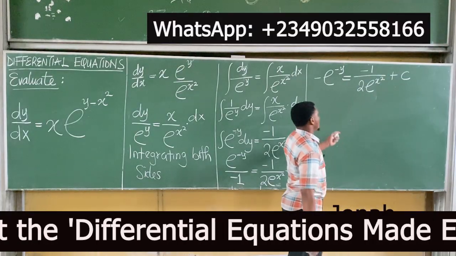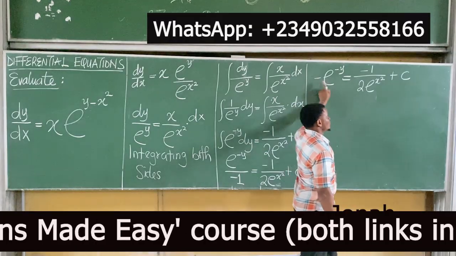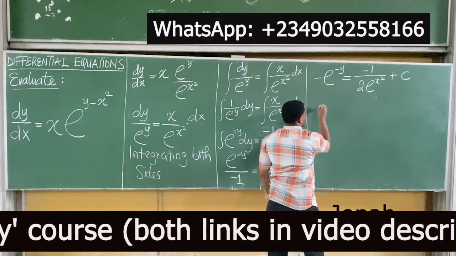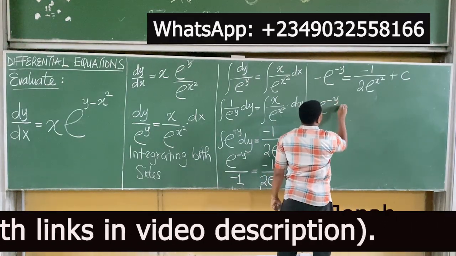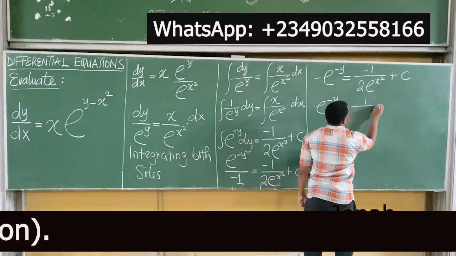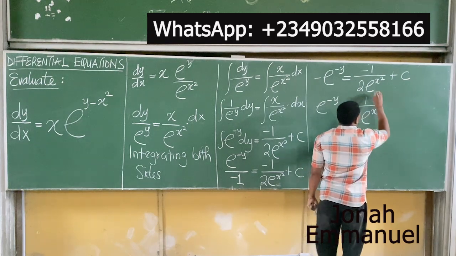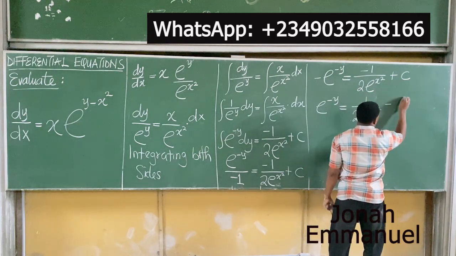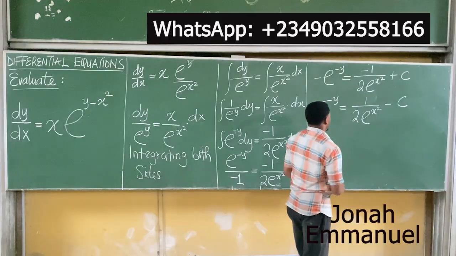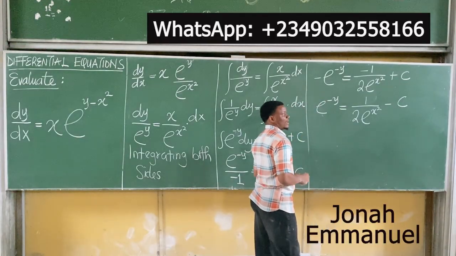Of course, I want to eliminate the minus first. So what do we do? Multiply through by minus. So it becomes exponential minus y equal to, take minus for this, it becomes positive 1 over 2 exponential x squared, take minus here, minus c.